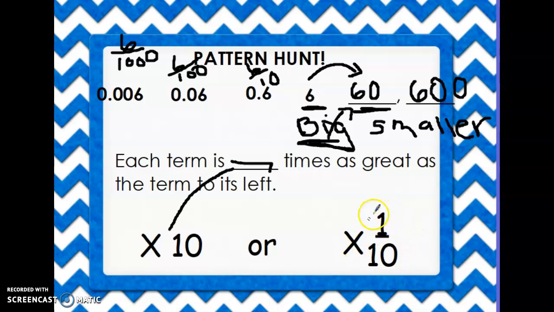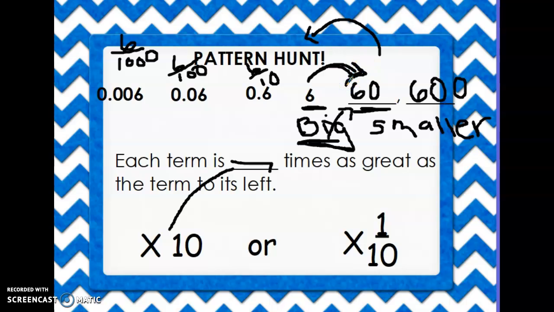If my number was getting smaller, it would be times 1/10. If they had asked me, Mrs. Childs, what comes before 60? And if we were going backwards and getting smaller, if I had 1/10 of the number 60, it would be times 1/10 and it would get 6. But this time our pattern's getting bigger.